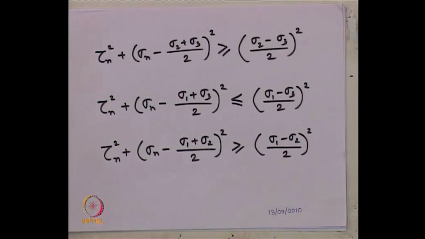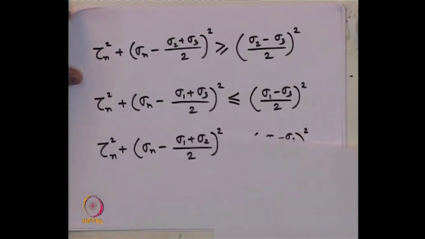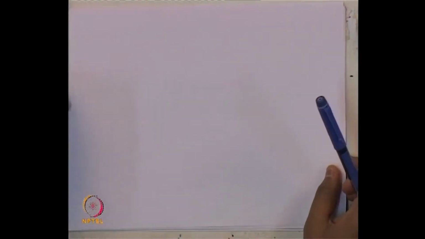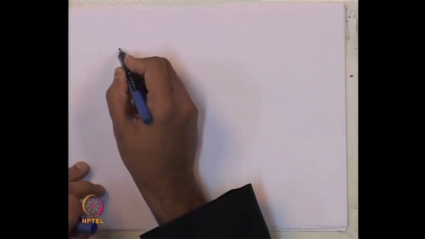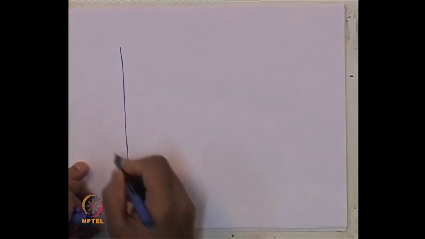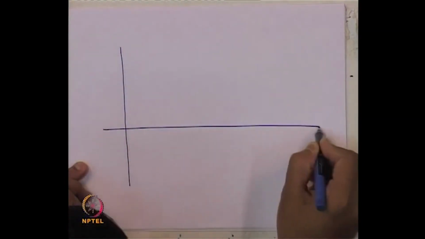If we recap our memories of the general equation for a circle, we can easily remember these things. So, if we want to draw these circles in a 2D plane, how they should look like, let us draw it.